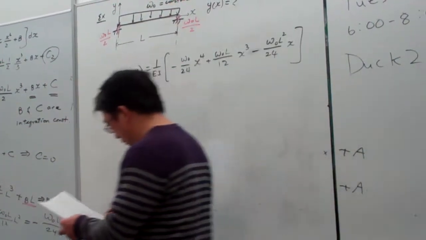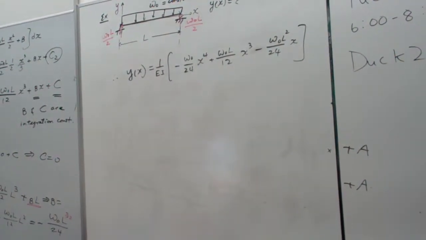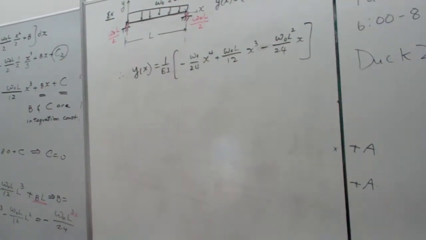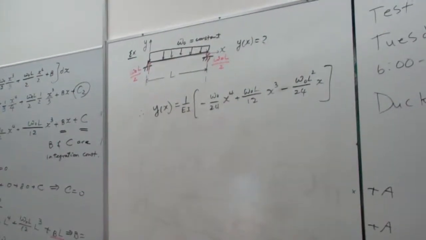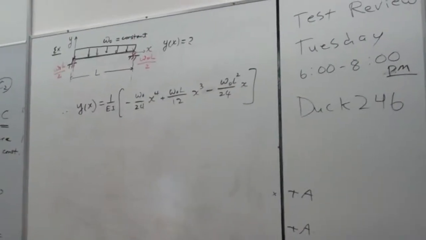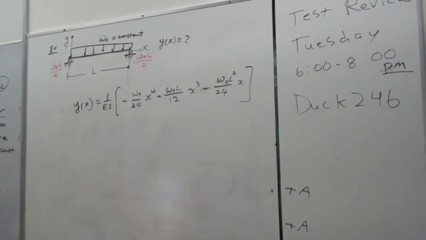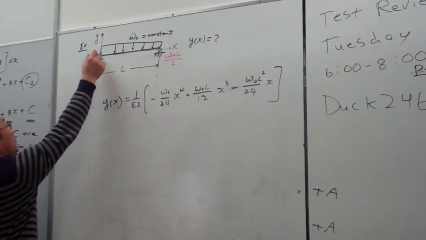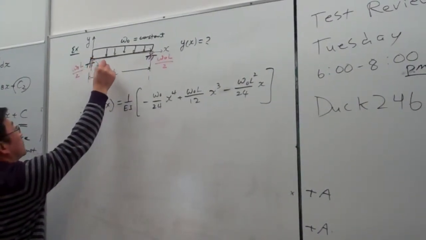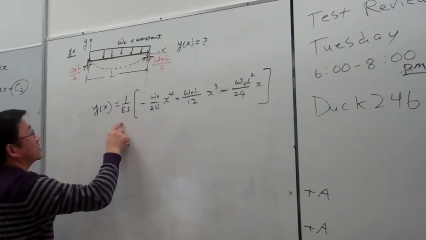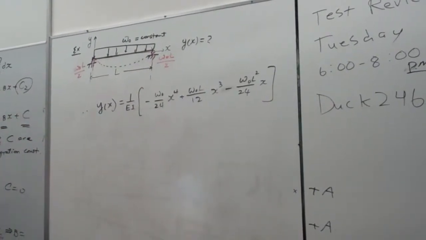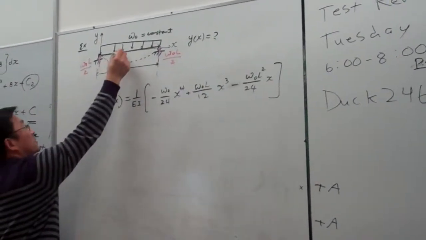And let me compare my solution. So this is a diffraction of the beam. That means the beam will be deformed in some kind of shape, and this shape will be described by this function here. Okay, so here this is the y.